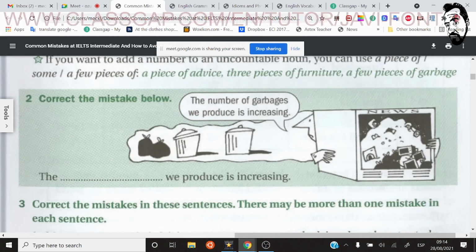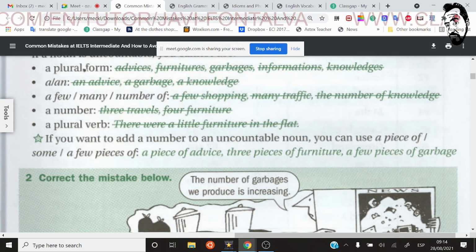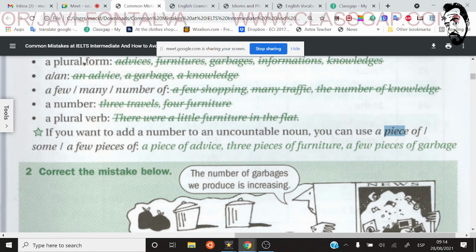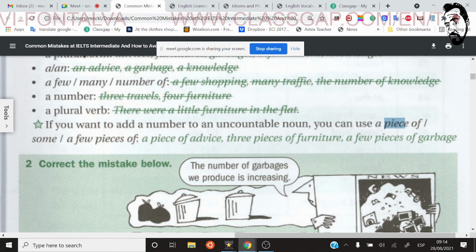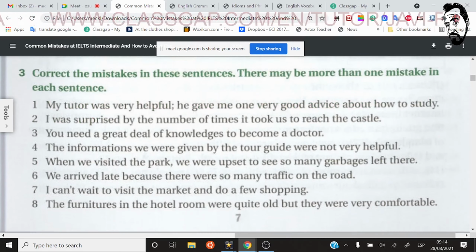This is what you have to say. If you want to use a number, you could use this expression: a piece of advice. It's also possible. So you have two options: you say some good advice, or you say a piece of advice.